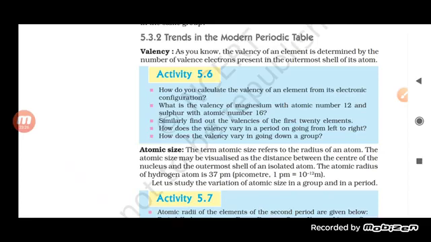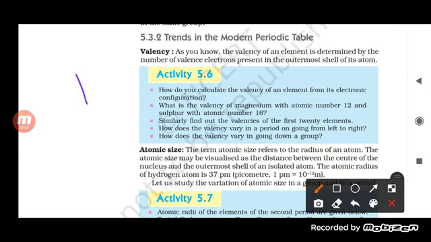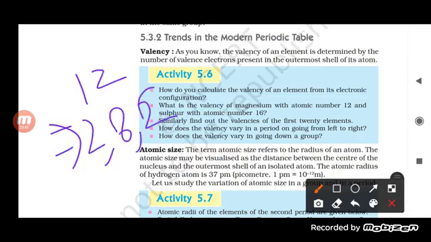Now suppose the question is what is the valency of magnesium with atomic number 12 and sulfur with atomic number 16? So for magnesium, the atomic number is 12, so the electronic configuration will be 2, 8, 2. The outermost shell valence electron is 2 here.